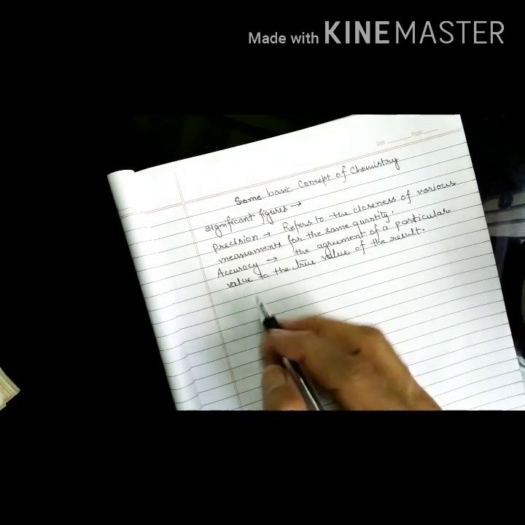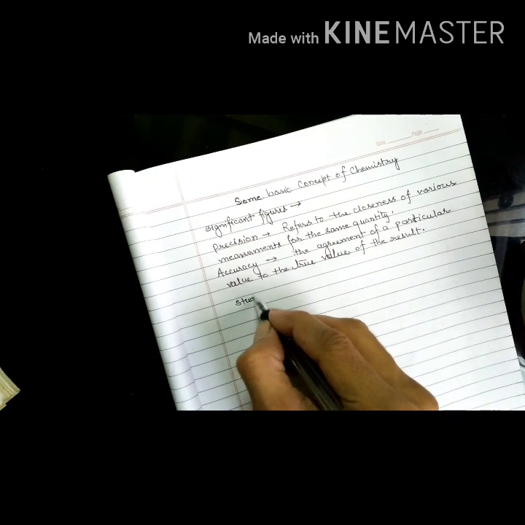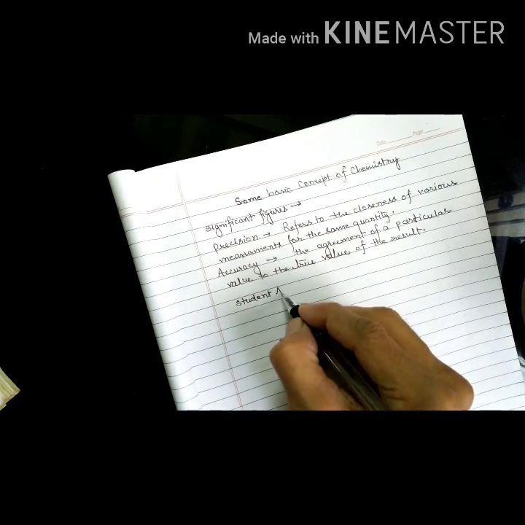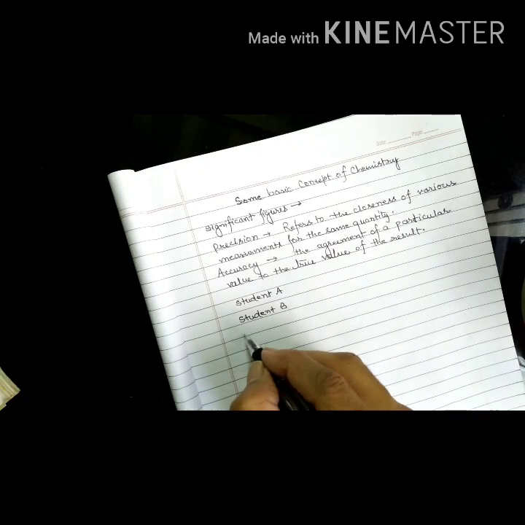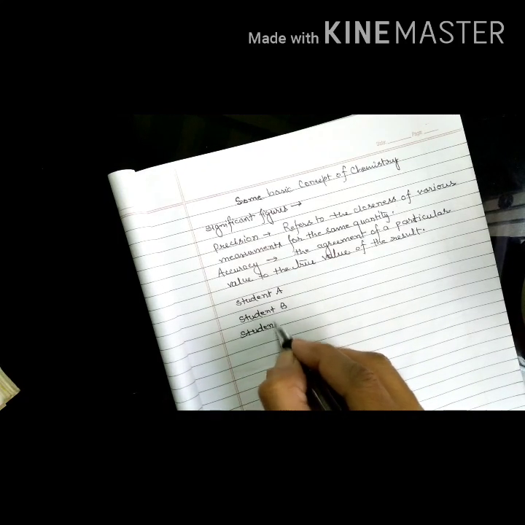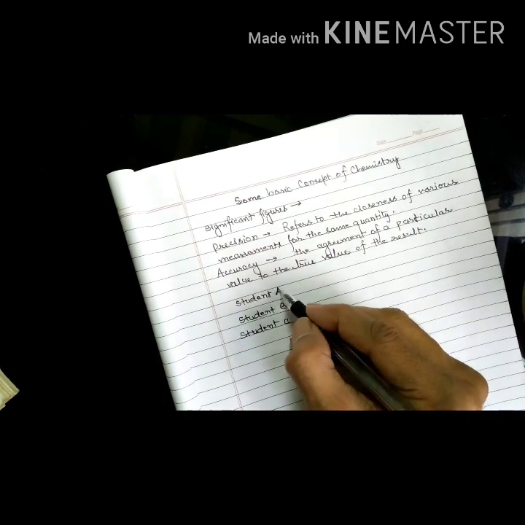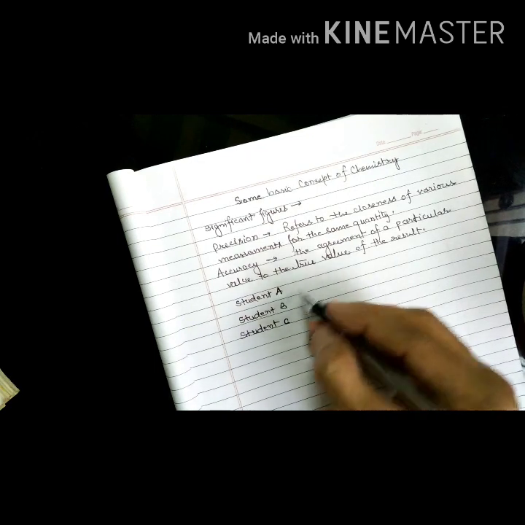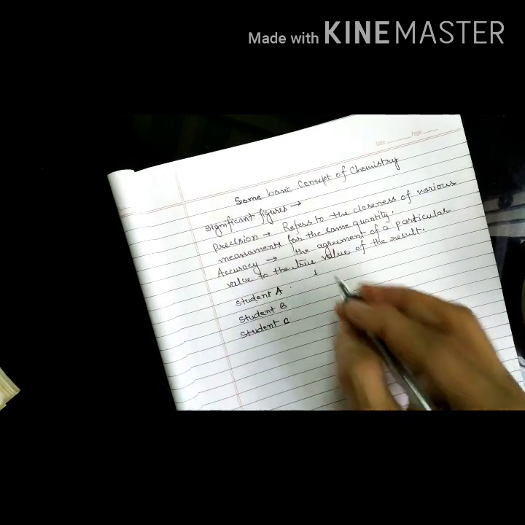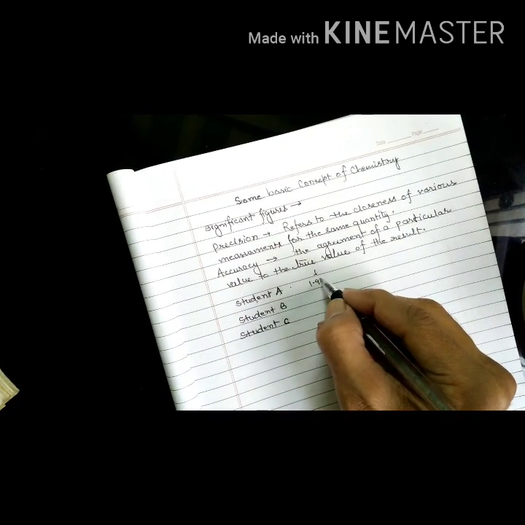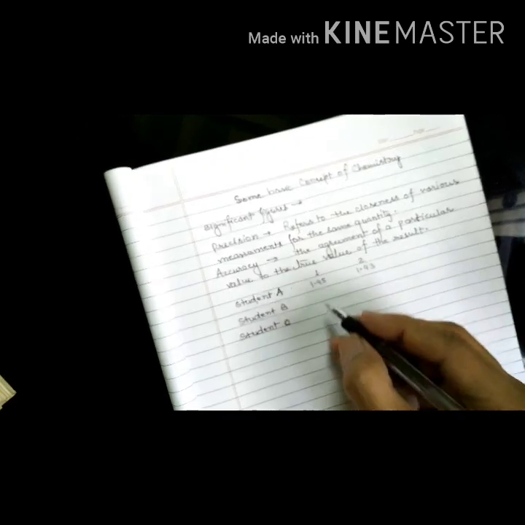Let me explain. Suppose there are three students, student A, student B, and student C. They are doing a particular experiment and their readings are: in the first experiment student A took reading 1.95 and in the second experiment it comes to 1.93.